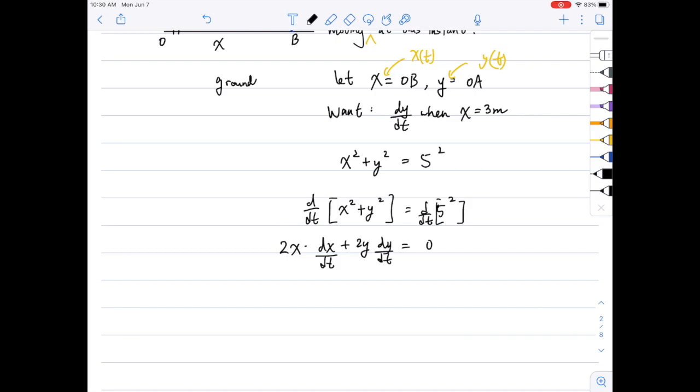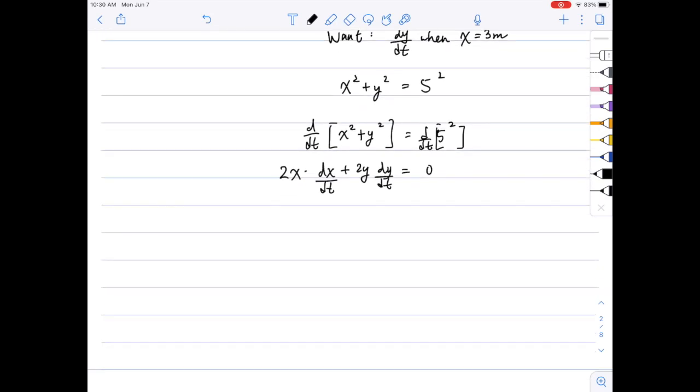Again, because y and x are both functions of time, and this is going to be common for related rates problems. One thing we can do right away is divide both sides by 2. That simplifies the expression a little bit. Then here I just want to highlight that you have 2 rates, one rate and another rate, and these 2 rates are related through this equation.